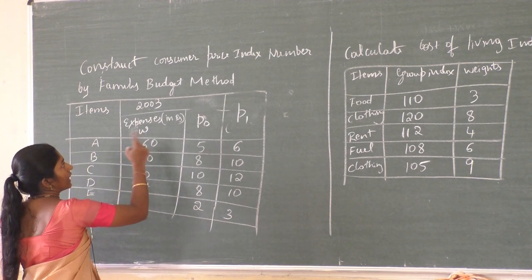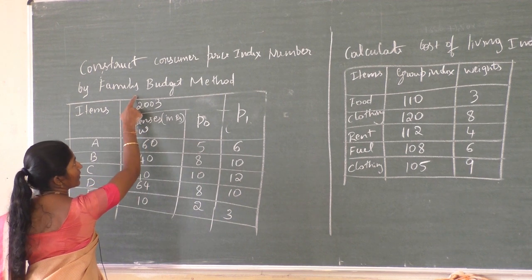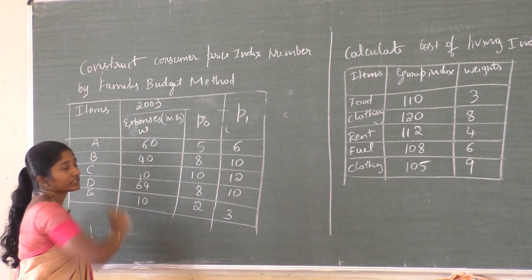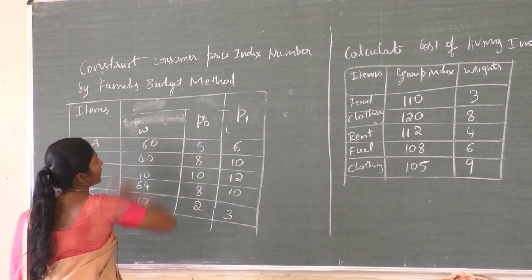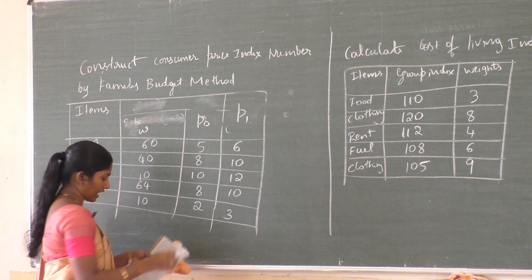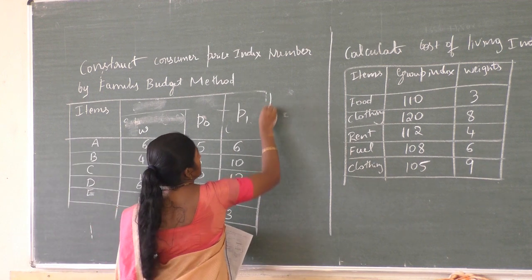Second problem. Now they have given the family budget method, therefore this is W, the 2003 weights, with P naught and P1 given, same method.